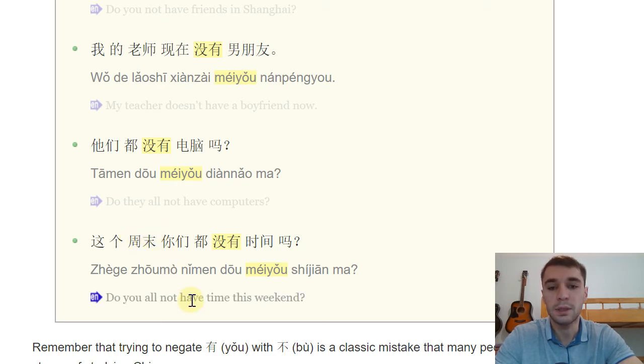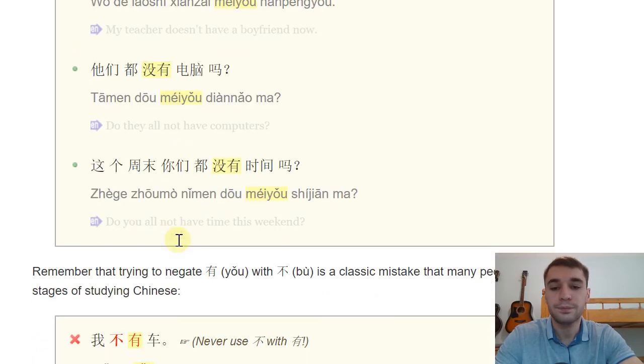Again, if we talk about time words we write them after the subject here. But also you can write them before the subject, so it doesn't matter. So 这个周末 means this weekend. If I say 你们这个周末都没有时间吗? This sentence will have the same meaning.